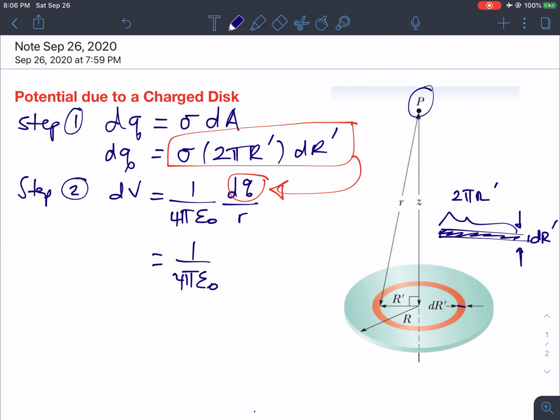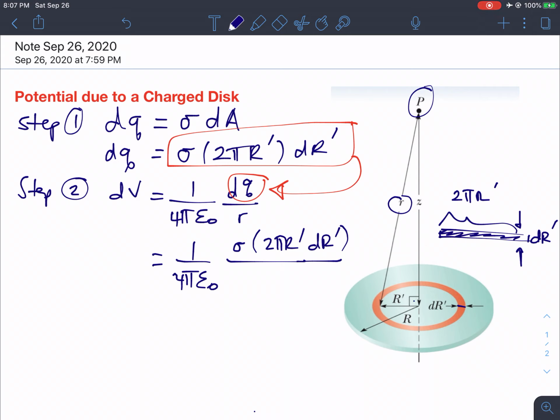And now we will think about that r in the denominator as well. So dq is sigma 2 pi r prime dr prime, the area, right? So this is really sigma dA divided by r. What is r? r is given here. We will be using some geometry.